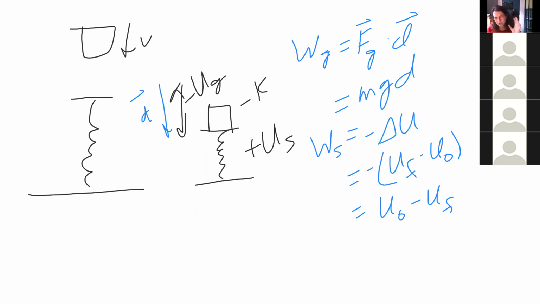Since the spring is initially just allowed to be stretched out, your initial spring potential energy will be 0. And so the work done by the spring is just negative U final.